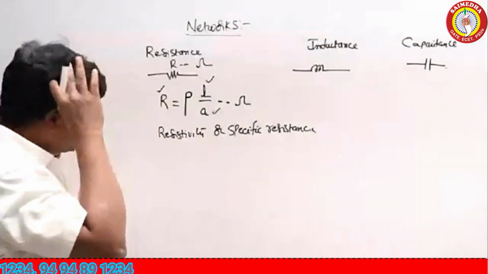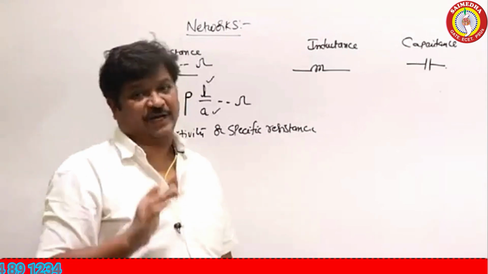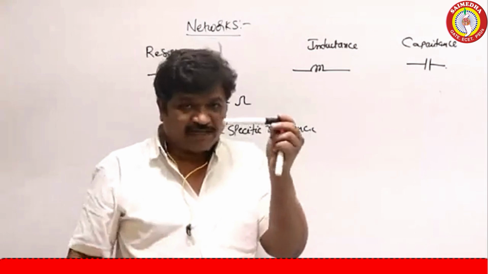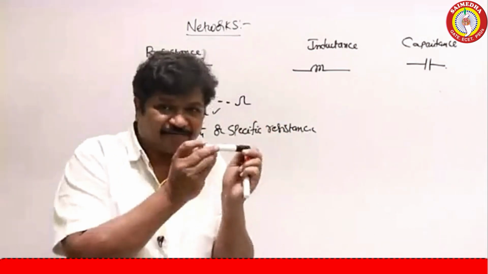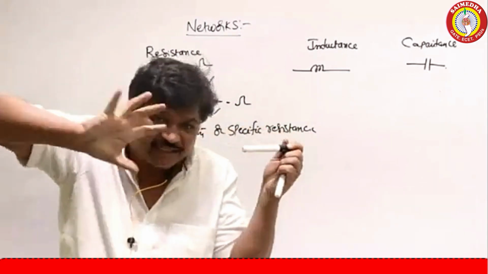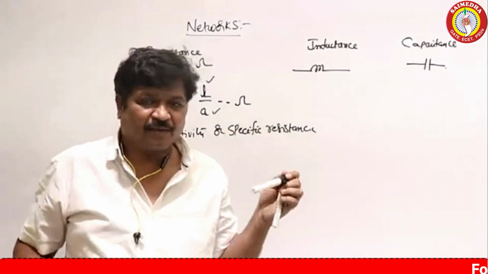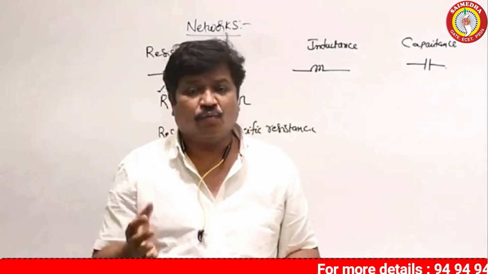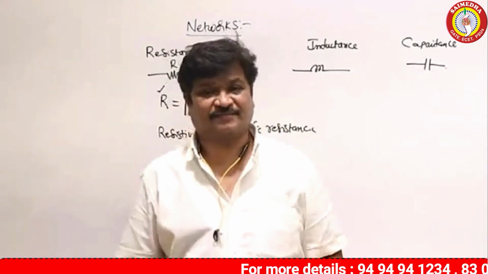Now, I have a small question for you. Suppose you take one material, a stretched material. You make the length double, and the volume remains constant. What happens to the resistance?